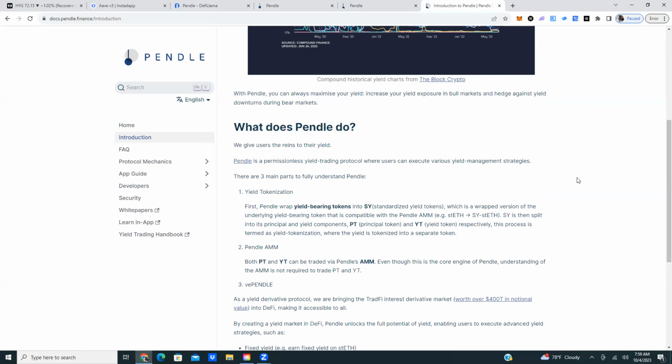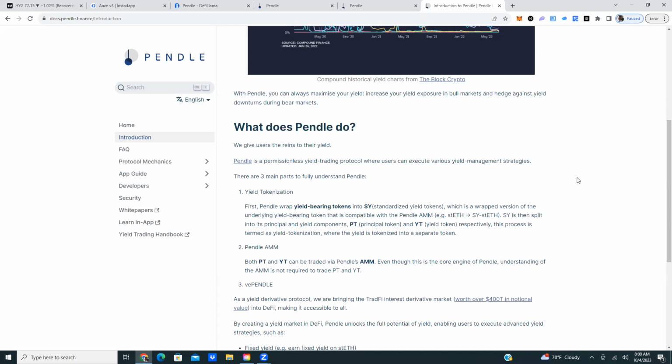There are three main parts to fully understand Pendle. Number one, Pendle wraps yield-bearing tokens into SY, standardized yield tokens, which is a wrapped version of the underlying yield-bearing token that is compatible with the Pendle AMM.